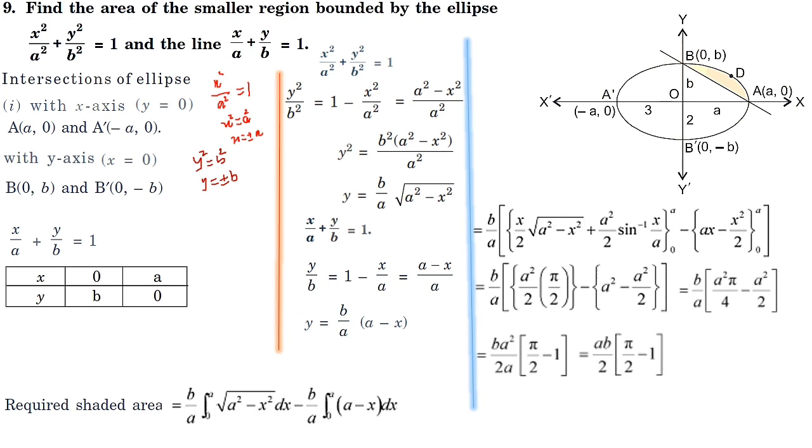Then that is equal to ab by 2. Here you can see the denominator there is a, numerator there is a square, one a we can cancel, and after cancellation we can write the final answer. That is, when we are taking numerator ba balance, we can write it as ab, okay, alphabetic order, divided by 2 into pi by 2 minus 1.